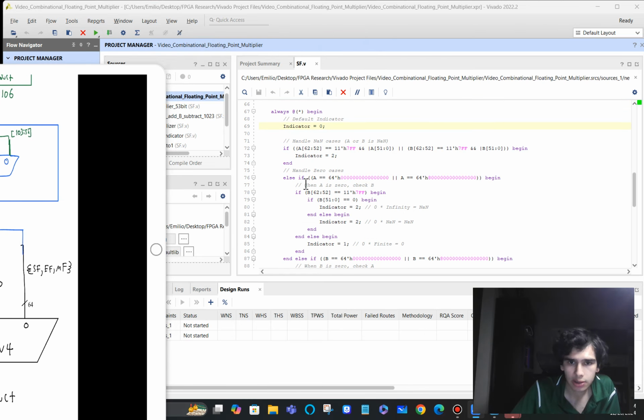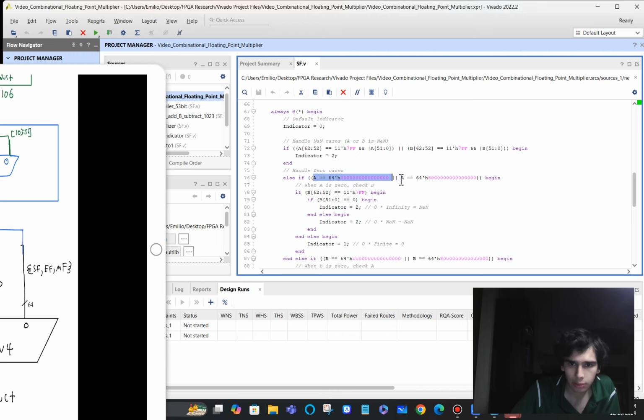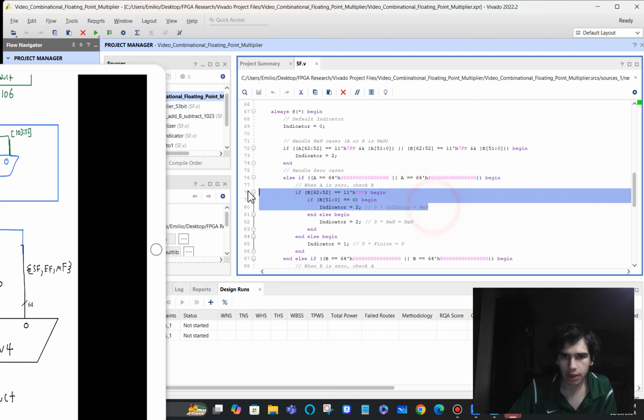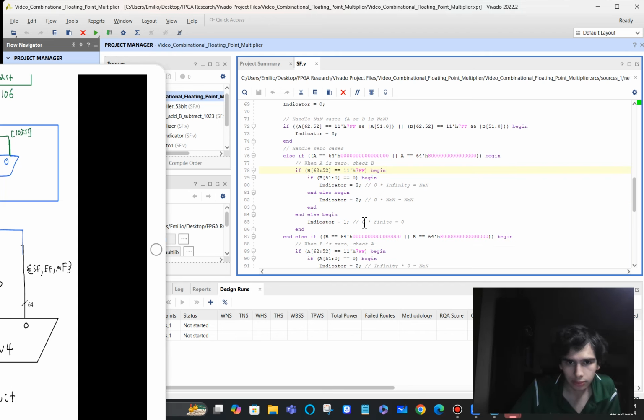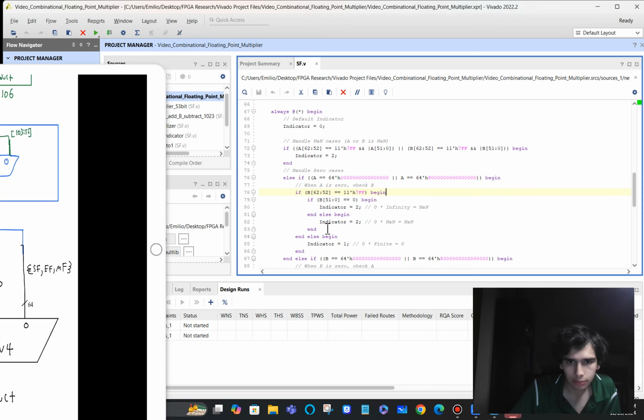And then we have our 0 cases. If A is 0 with a positive sign, or A is 0 with a negative sign, if either one of these things happens, assuming it's not NaN, then the indicator is set accordingly.